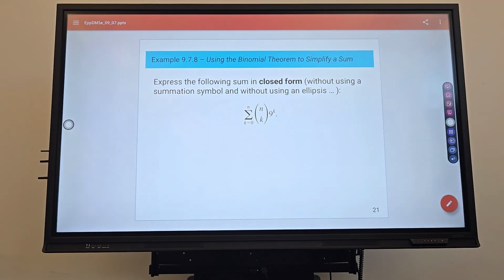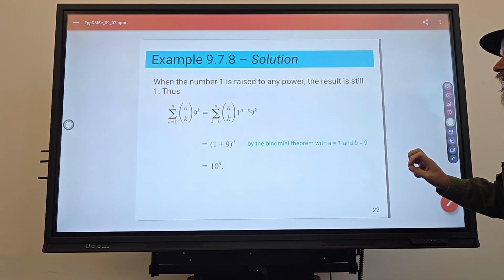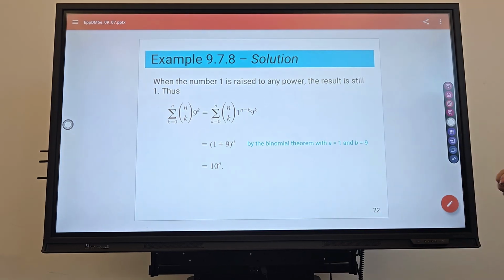Now express the following sum in closed form without using a summation symbol and without using an ellipsis. Well, when the number 1 is raised to any power, the result is 1.